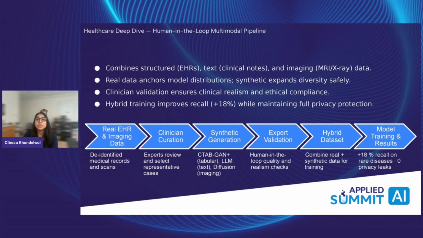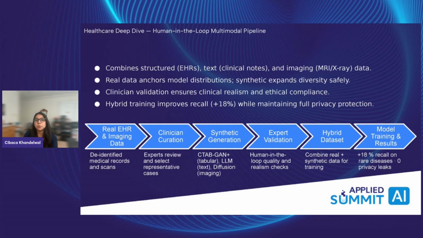So, in such scenarios, as you can see in the pipeline, you start with your real EHR and imaging data. You de-identify the medical records to retain the patient's privacy. Then you curate an expert review and select the representative cases that you want to generate, which are missing and which will be helpful in making those predictions. Synthetic data is generated using all the techniques that we have seen in the previous slide.